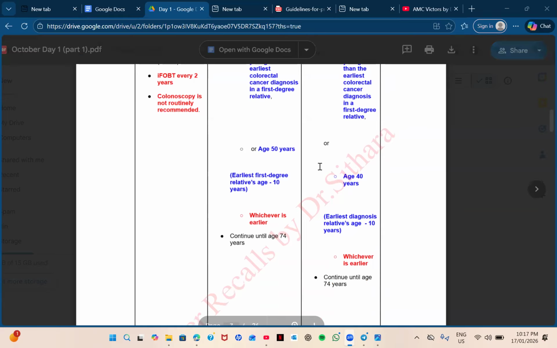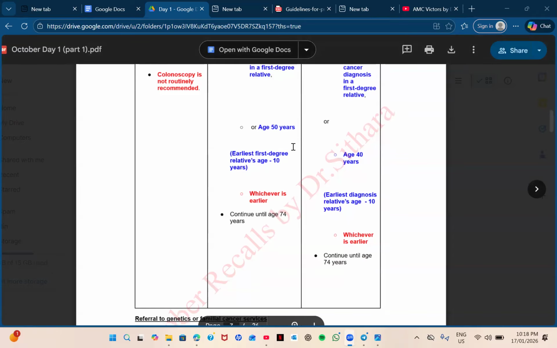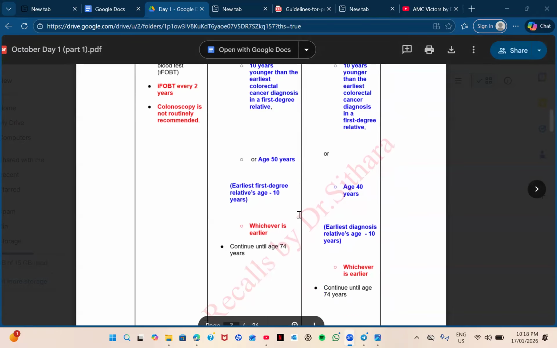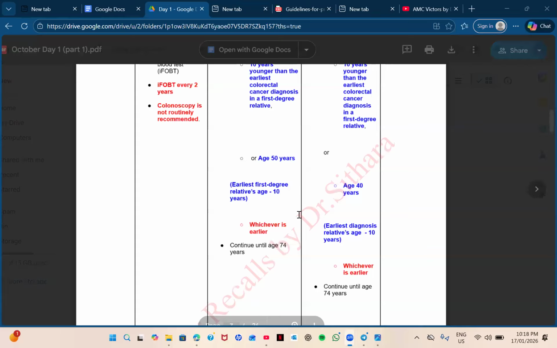In moderate and higher risk categories, we can start screening from 10 years younger than the first degree relative's diagnosed age, or in moderate risk age 50, in high risk age 40, whichever is earlier. So that's for the low risk, moderate risk, and high risk patients.